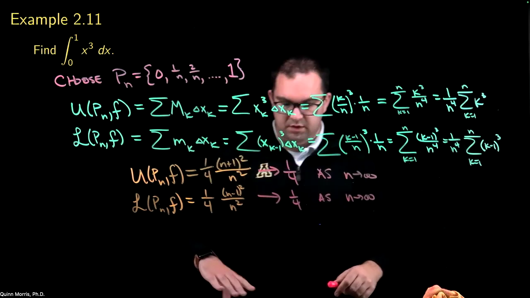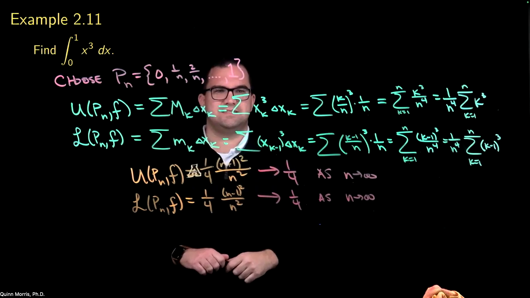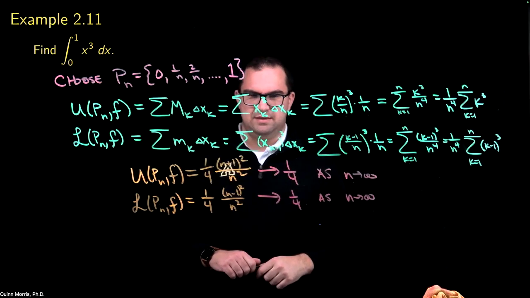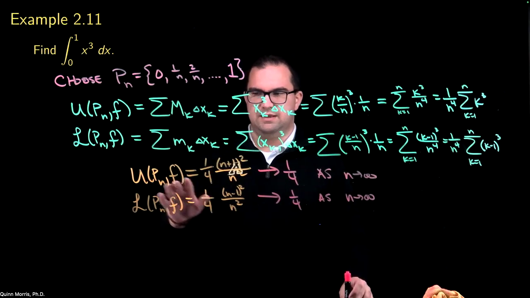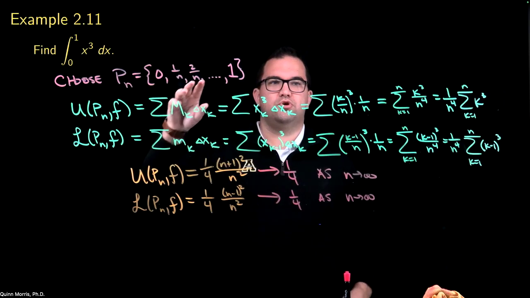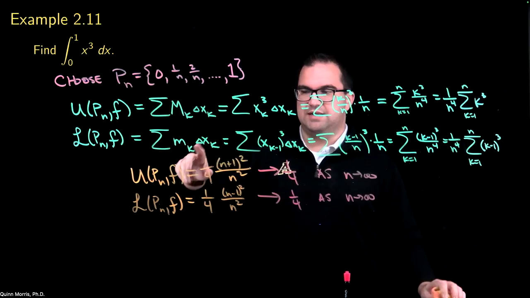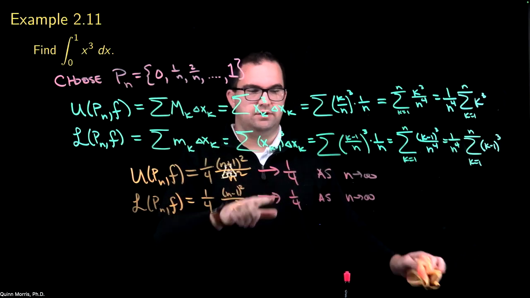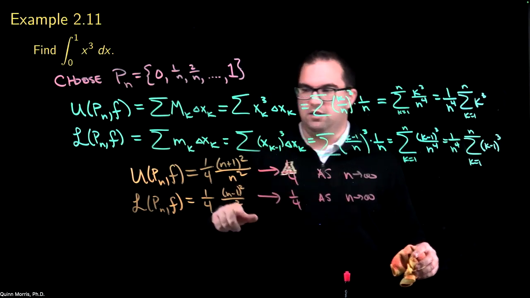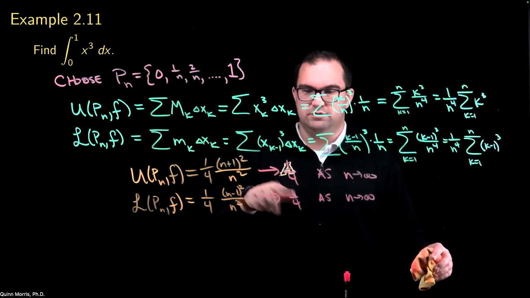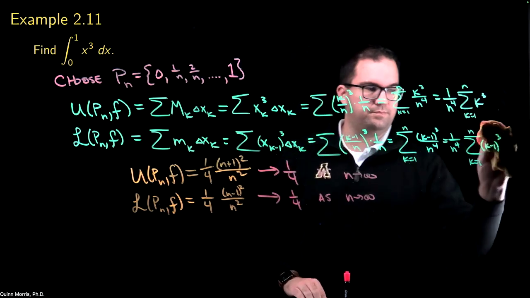Okay. Now, notice that this doesn't necessarily mean, at least immediately, anything more than this: for this particular type of partition, as I take more and more points, the upper and lower sums tend towards 1/4.